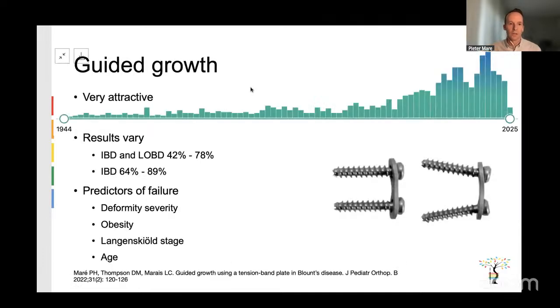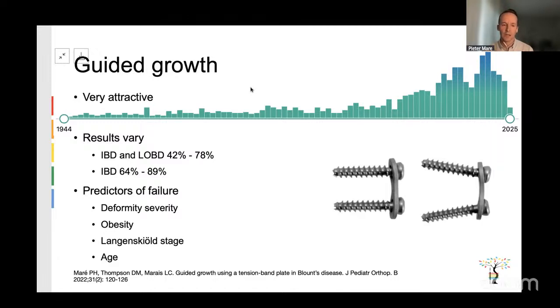So guided growth is a very attractive option. If you look at that timeline, that's PubMed, looking at papers discussing guided growth and Blount's disease from 1944 to 2025. So in the last 20 years, multiple papers have come out. However, the results vary quite widely. In combined groups of both infantile and late onset Blount's disease, the efficacy range from about 40% to about 80%.